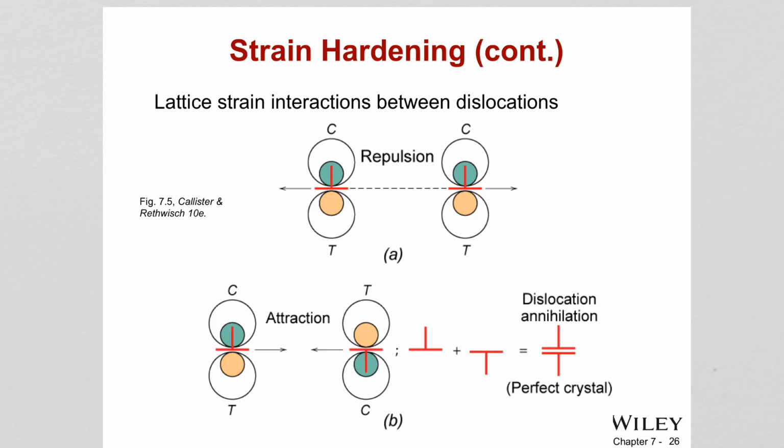Okay, so how do dislocations interact with each other? Let's say two dislocations here in image A are moving within the crystal, and then they come across each other. When they do, either they will repel each other or they will be attracted to each other.